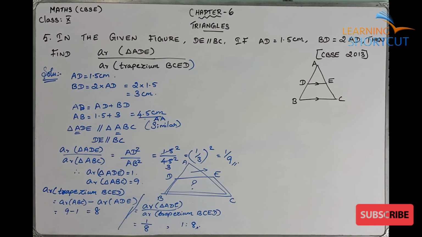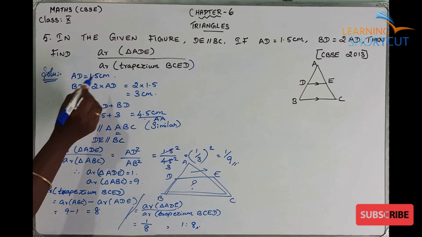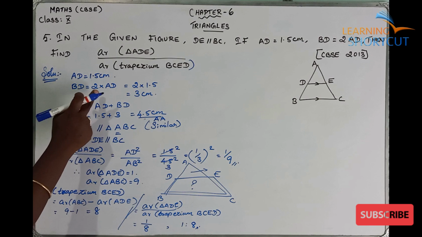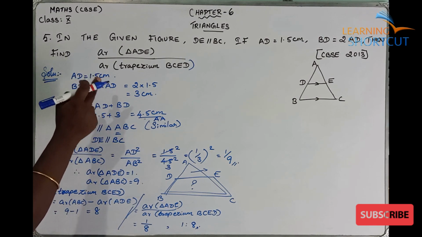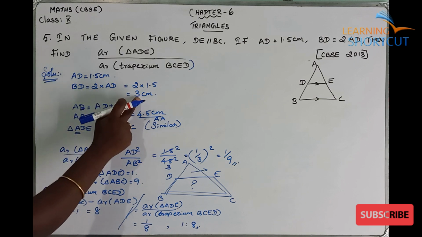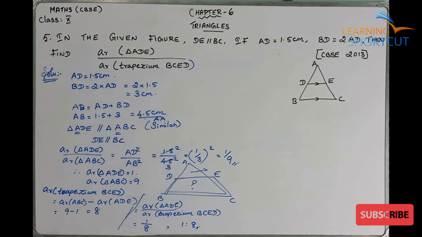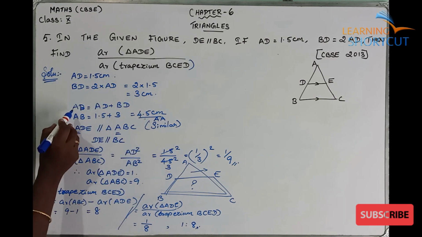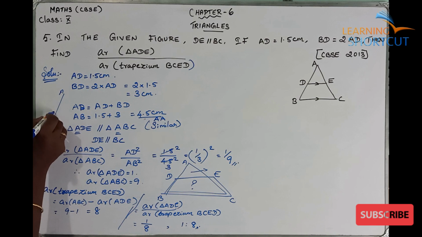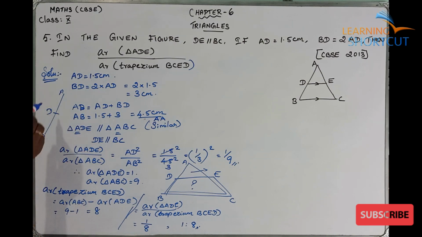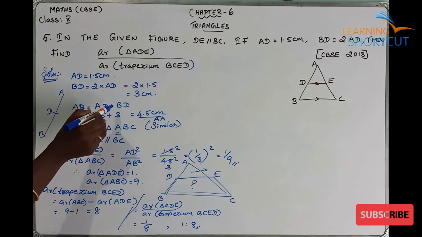Okay. So they have given that AD is equal to 1.5 centimeter and BD will be equal to 2 into AD. So when we have substituted the value of AD here, we get the value of 3 centimeter. So we know that AB, the whole side, is AD plus DB, right? So AB will be equal to AD plus BD.